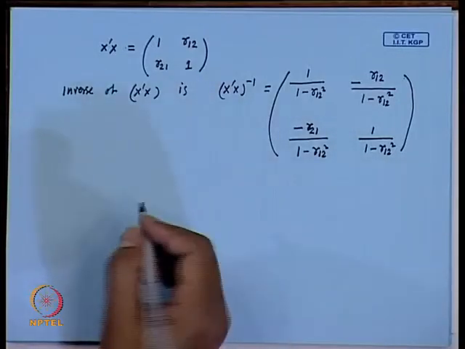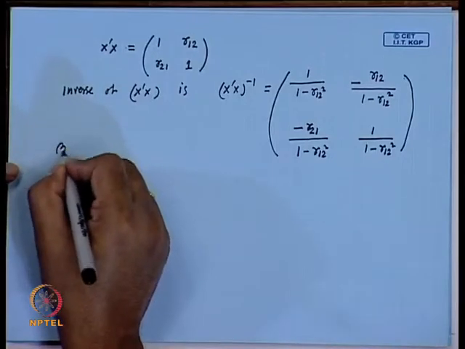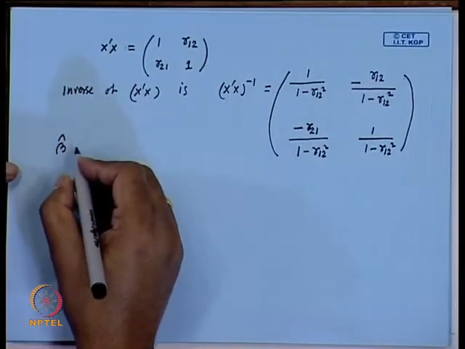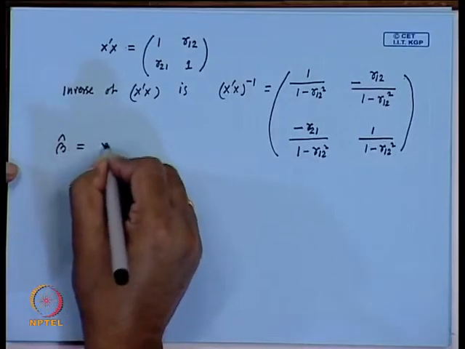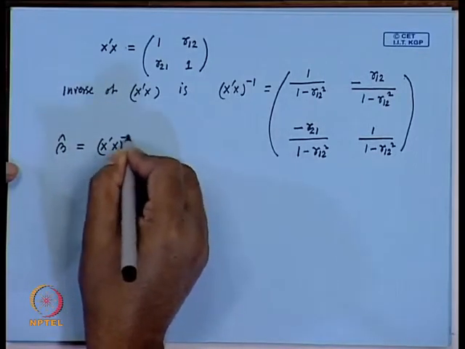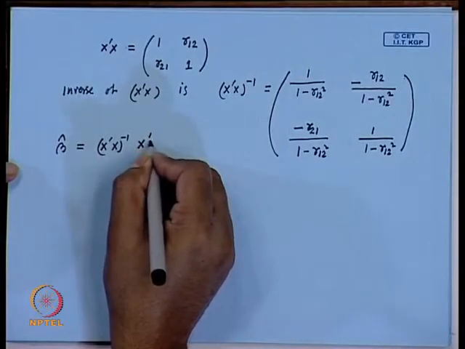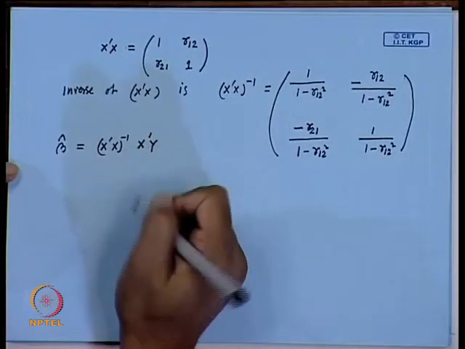Well, so beta hat, the least square estimator of the regression coefficient beta, is equal to (X prime X) inverse X prime y.